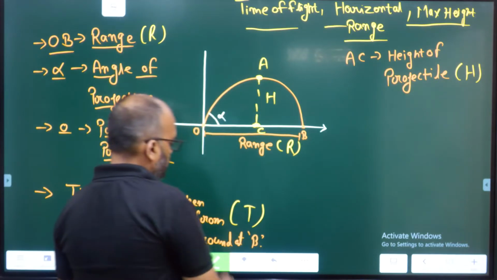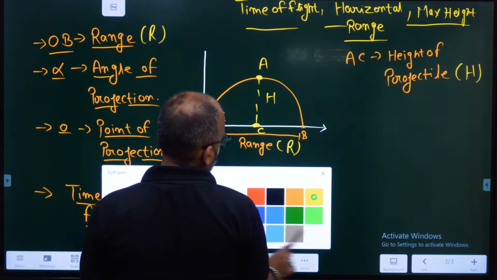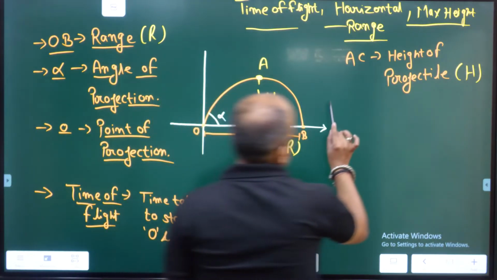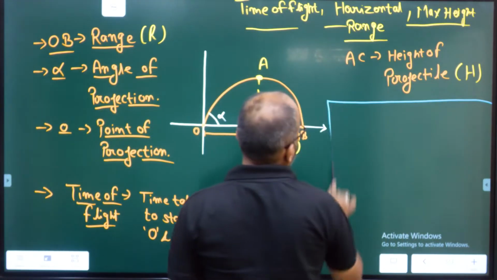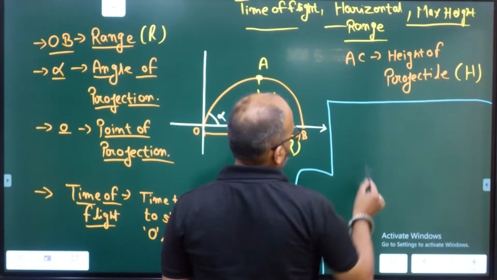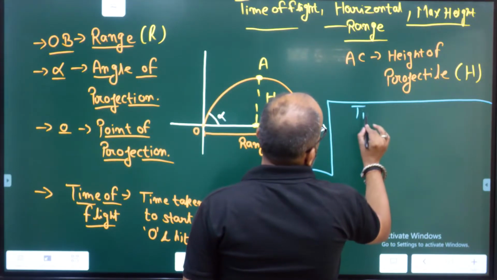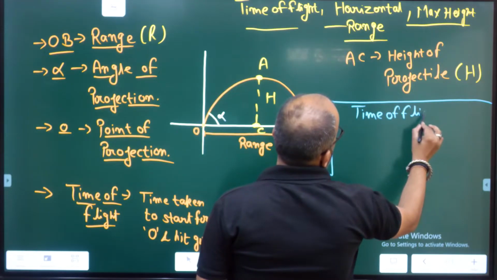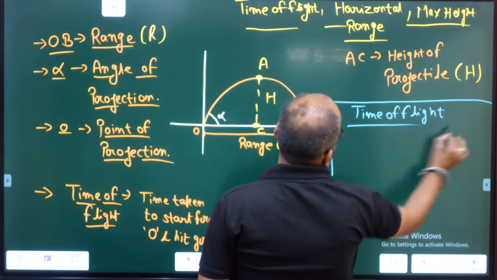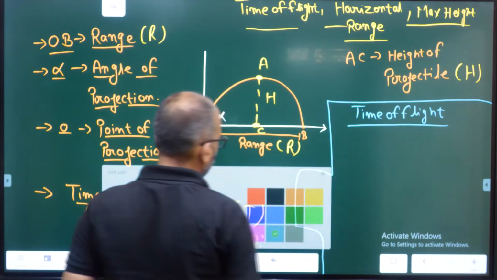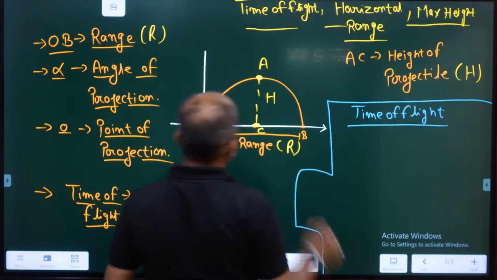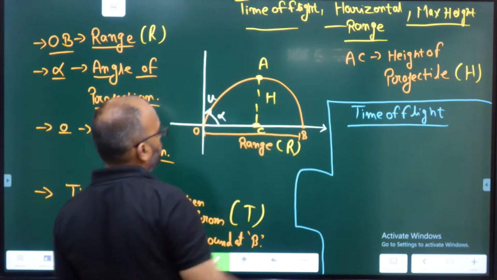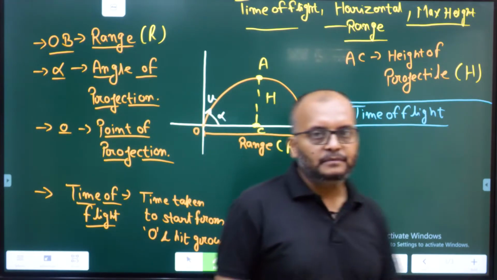So now let us calculate time of flight. You can see, let us say this projectile is projected with the velocity u, initial velocity.